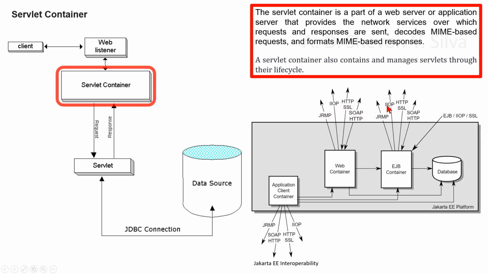JRMP, IIOP, and HTTP SSL are passed from the EJB container. SOAP, HTTP are passed back and forth from the EJB container, and EJB, IIOP, SSL are passed to the EJB container. The EJB container is connected to the database.